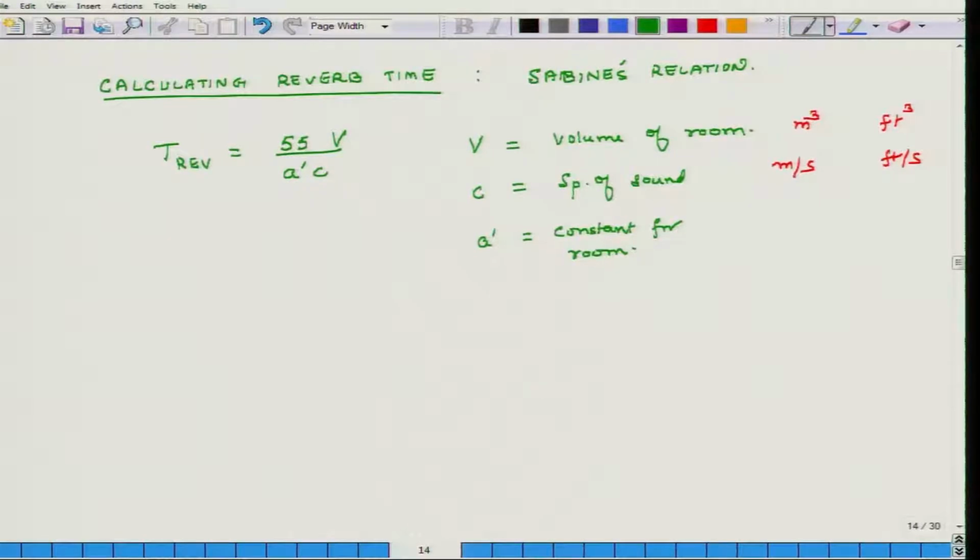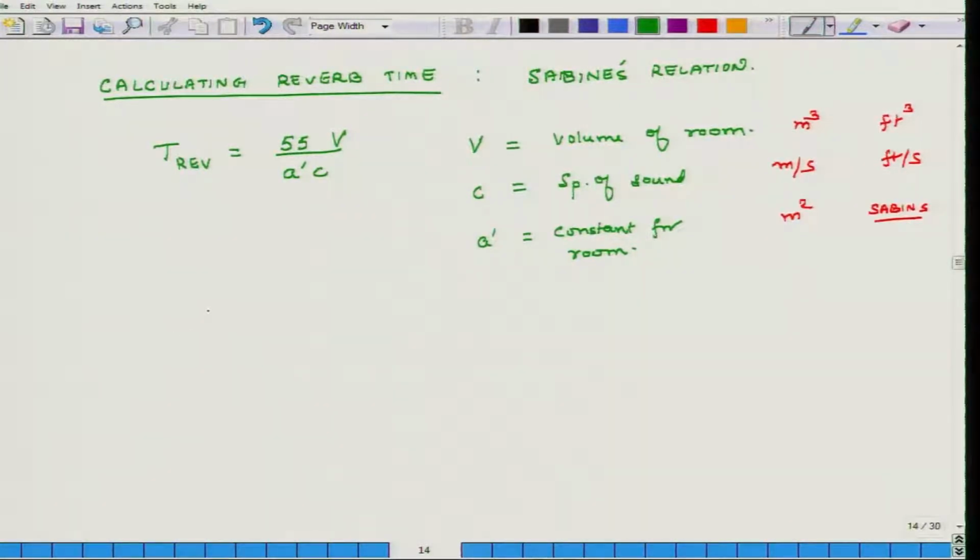We will learn how to calculate this constant, but its units are either square meters in the SI system, or in the British system it is not feet square, it is called Sabines. So, it is not feet square, but in the SI system it is meter square. So if I know V, C and A prime, then I can calculate T rev. Okay.